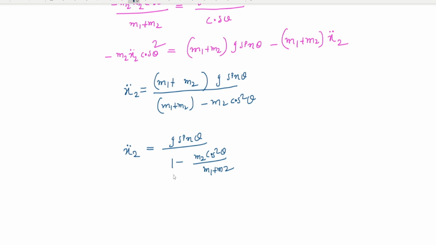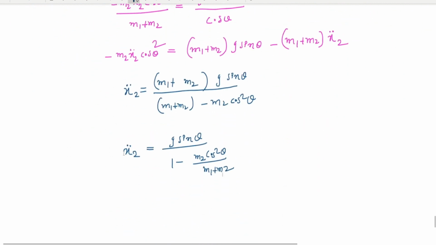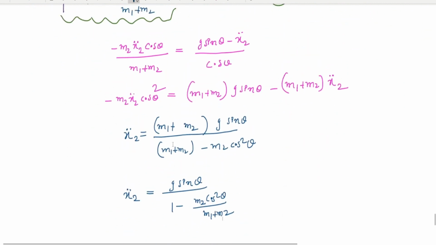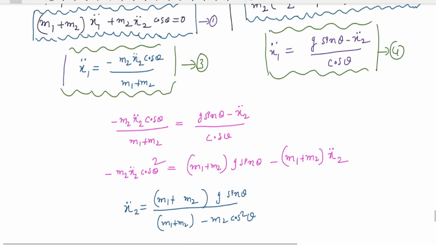So if you substitute this x double dot 2 in equation number 3, we will get x1. See here, x double dot is there. From this information I got x2 double dot. Substitute this acceleration of the second particle here, then you will get the acceleration of the first particle.